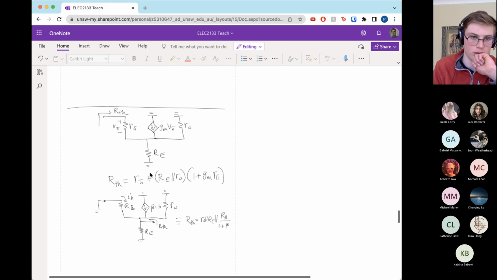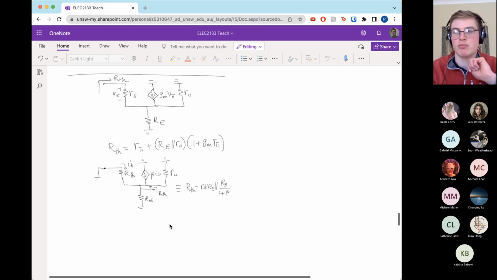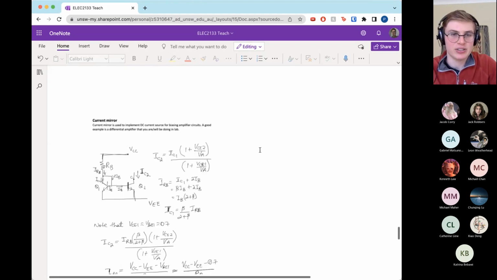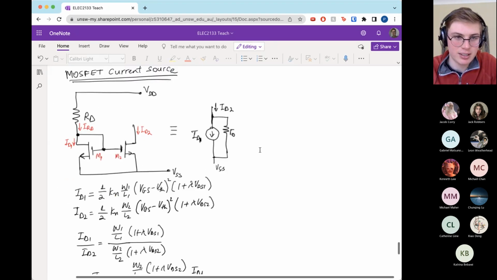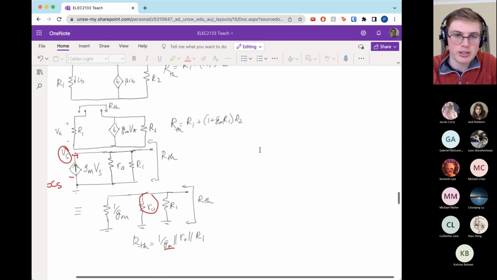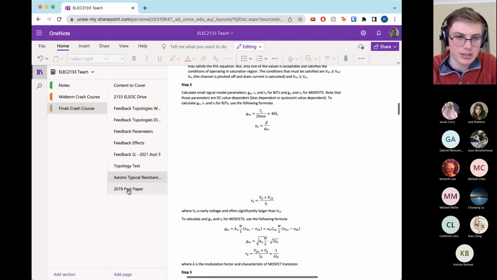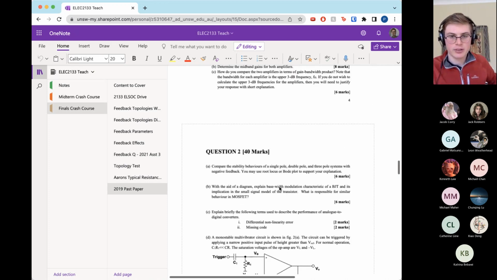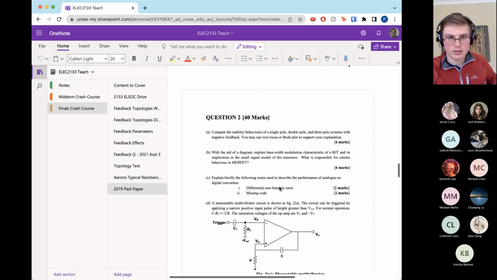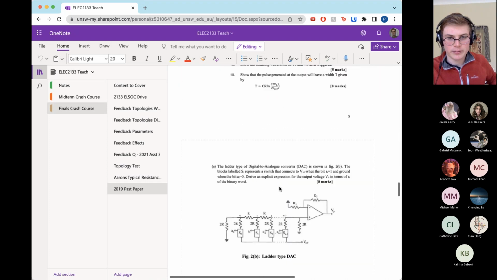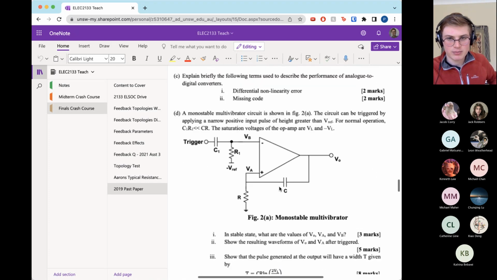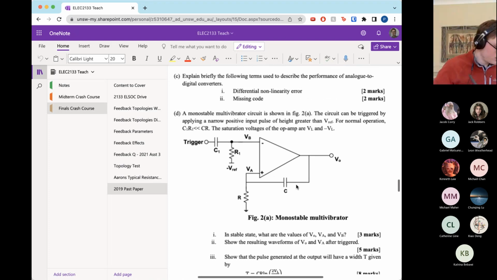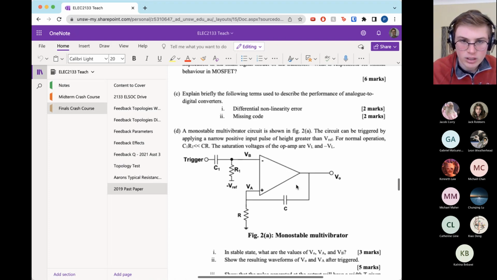We should be able to hopefully smash out any analysis questions that we get slapped with. Something like this, it's always a good idea, just choose a voltage. Is this the one that I want?